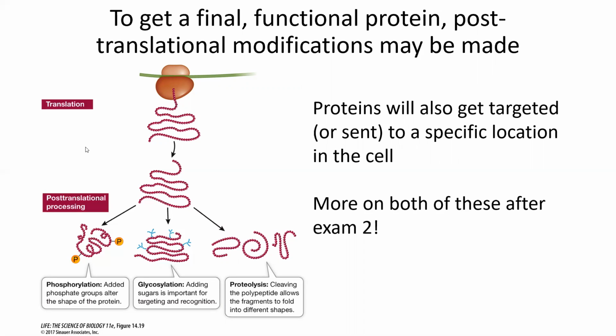When you add a phosphate, we call this phosphorylation. If you add a sugar, we call it glycosylation. You might chop up the protein into little bits, which is proteolysis. When you do this, it changes what the protein looks like, and it might change its function in the cell. That's all you really have to know.